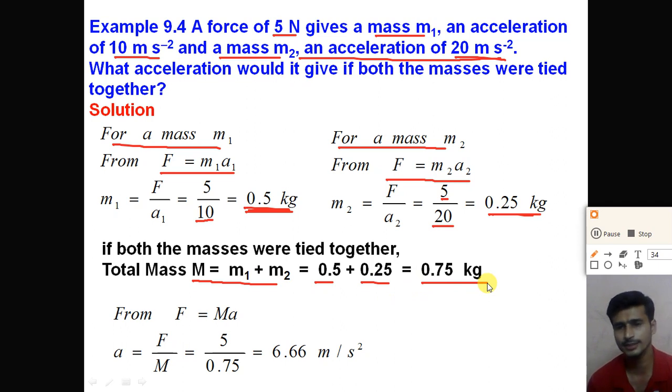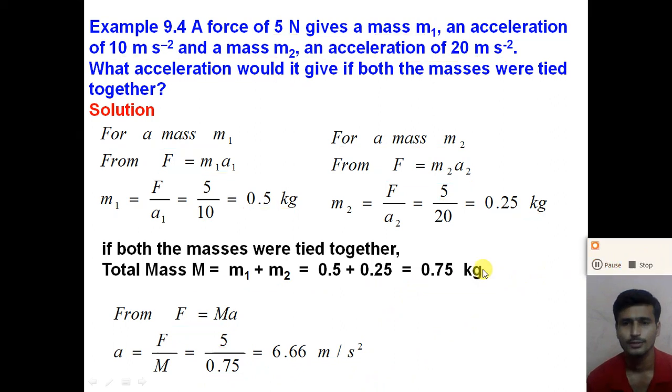Now if the same force, that means the 5 Newton force, is applied to the 0.75 kg mass, what will be the acceleration? From the formula F is equal to m into a, acceleration a is equal to F divided by m. F is 5 Newton and total mass is 0.75 kg. So we get the acceleration 6.66 meter per second square. So dear student, understand this example.